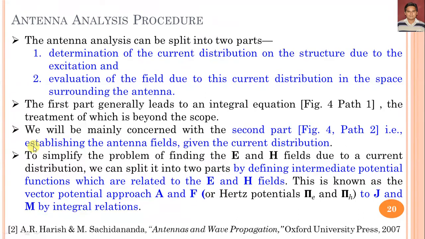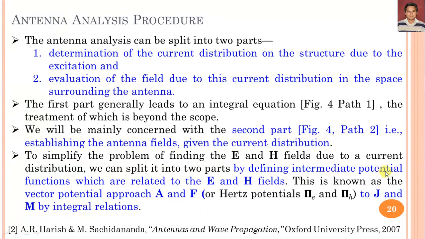So we are considering the step 2 procedure through which we can analyze antennas. Simply, to find the electric and magnetic fields due to the current distribution, we can split the task into two parts.